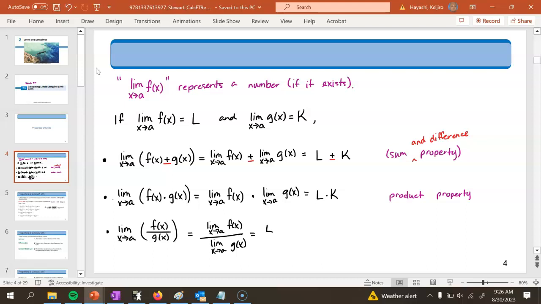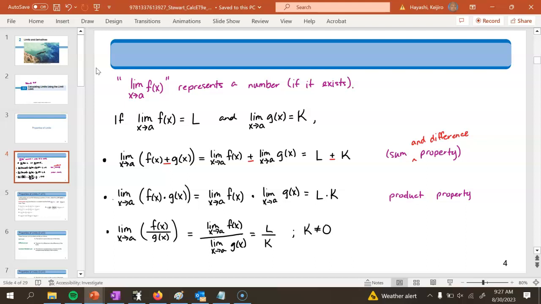So that's going to be L dividing k, so long as k does not equal 0.